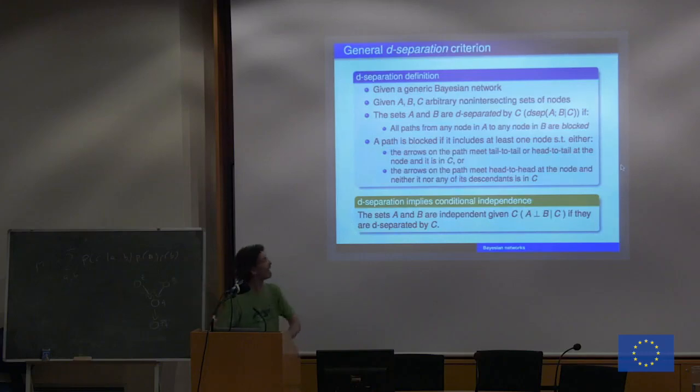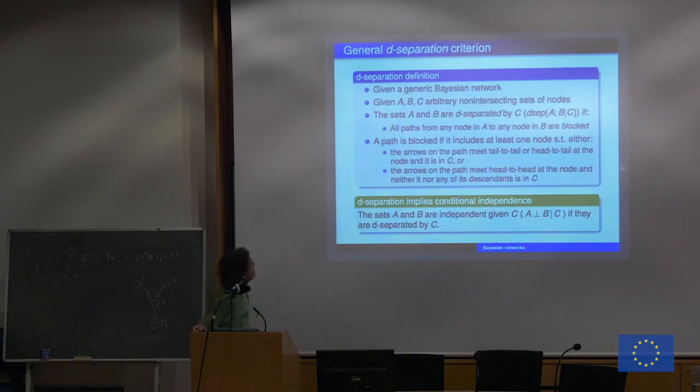Okay? And now here, the idea is you would like to see and to prove that all the paths which connect A to B, meaning any node in A to any node in B, get blocked by the nodes in C. If this happens, there is no information flow, because somewhere in each path, the information flow is blocked. Okay? So there is no connection of information. Okay? And the two sets become independent.